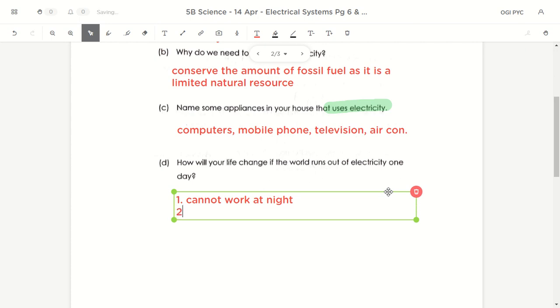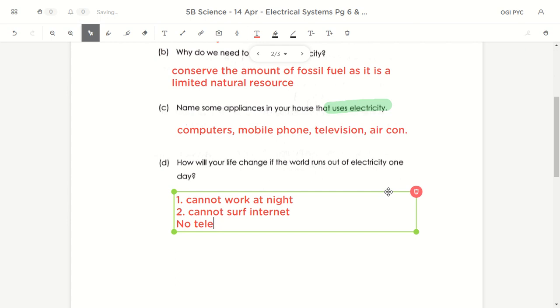Right. So number two, the internet is powered by electricity also. So if there's no electricity, you can't go online, you cannot surf the internet. And of course there are no television programs.